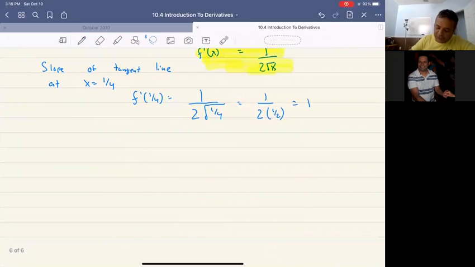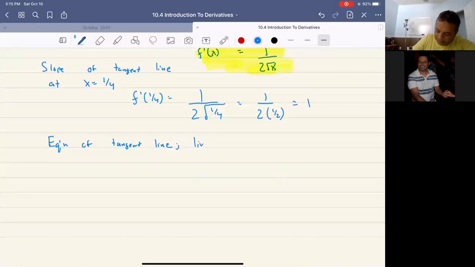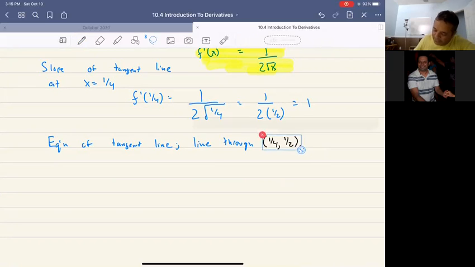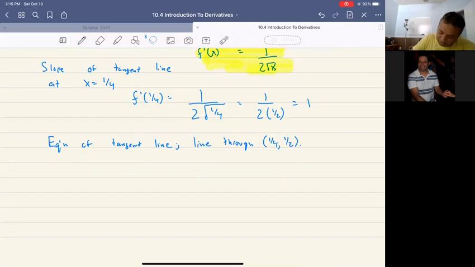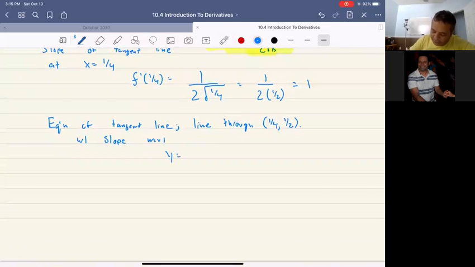So now the equation of the tangent line is just the line through that point, (1/4, 1/2), with slope m equals 1. Okay, we're just going to do that exactly the way we did the last one. y equals mx plus b.